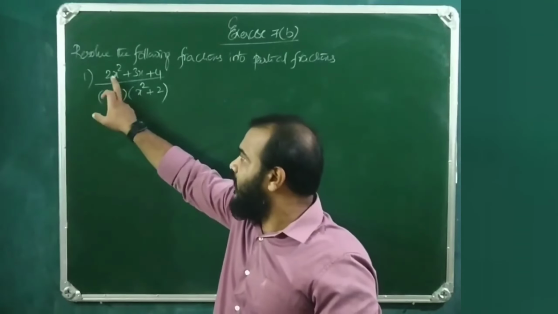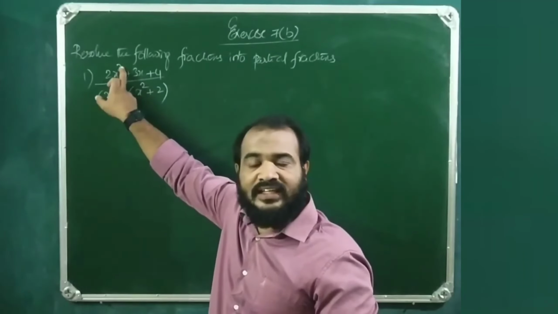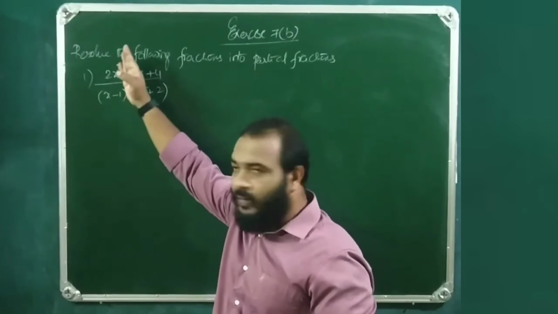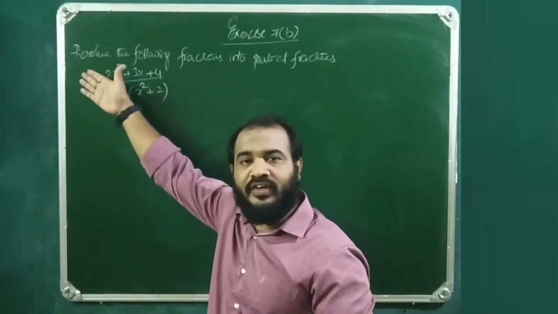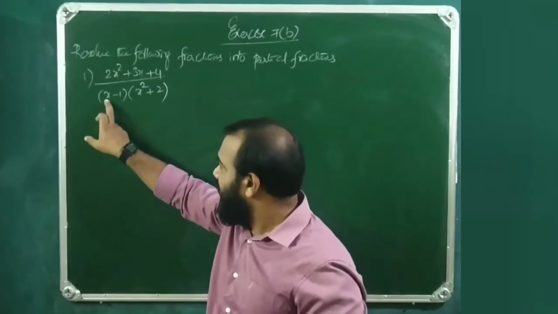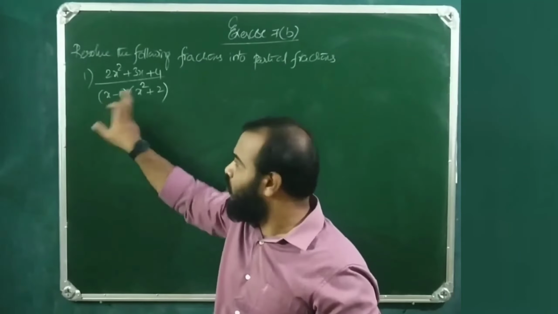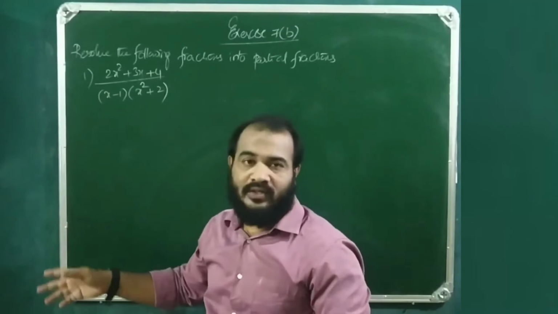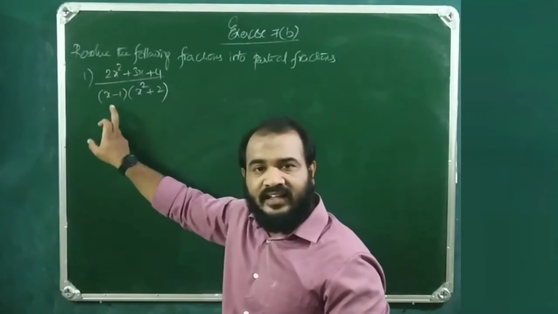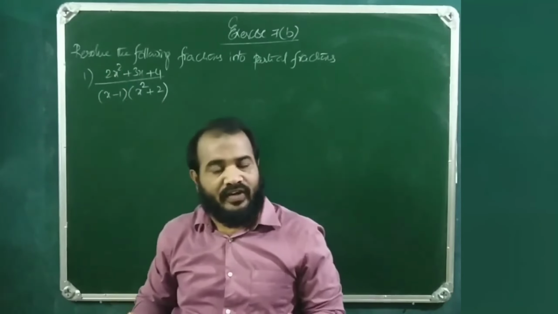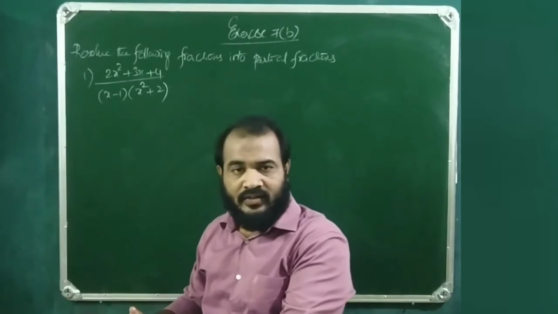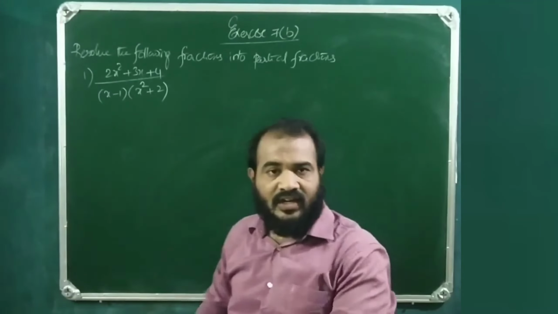The highest exponent or power of x in the numerator is said to be the degree of the numerator, so here it is 2. In the denominator, x into x square gives x cube, so the degree is 3. Since 2 is less than 3, the degree of f of x is less than that of the denominator. So this is a proper fraction.